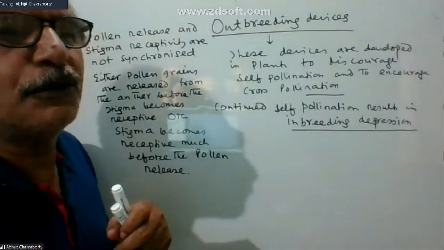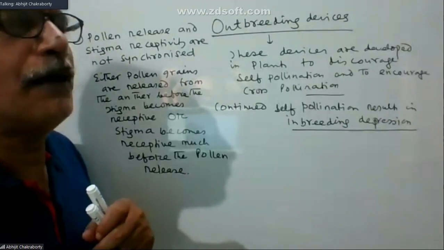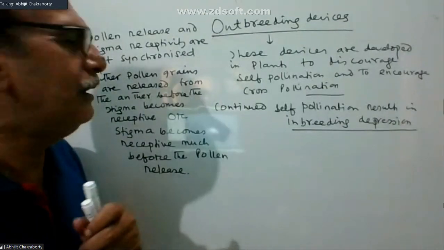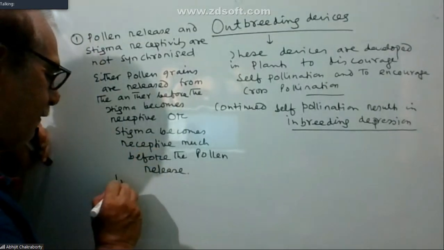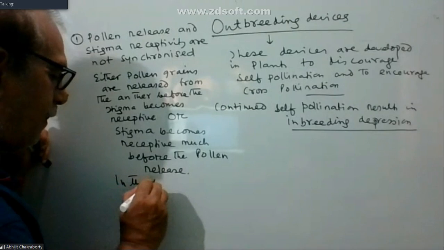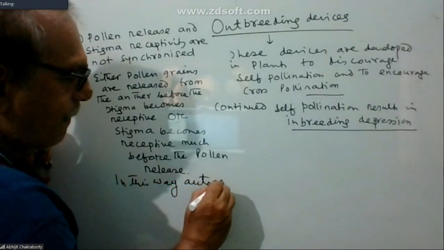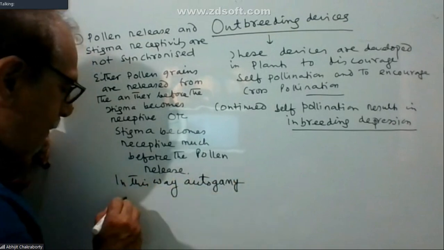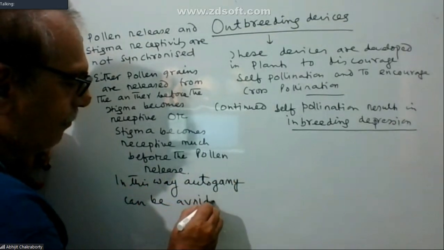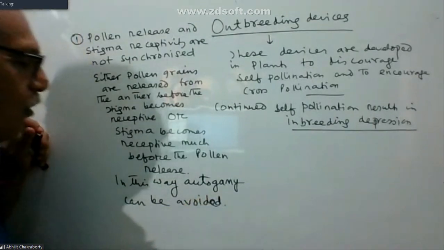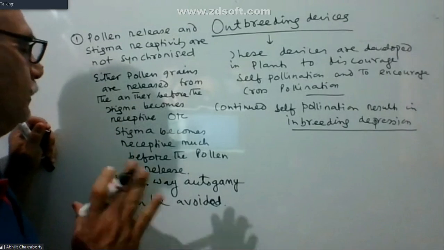Why are such changes taking place? These changes are taking place to avoid self-pollination. In this way, autogamy can be avoided. Clear?